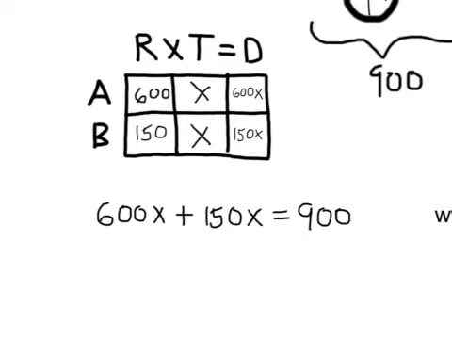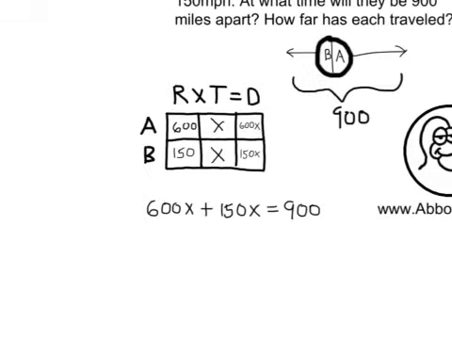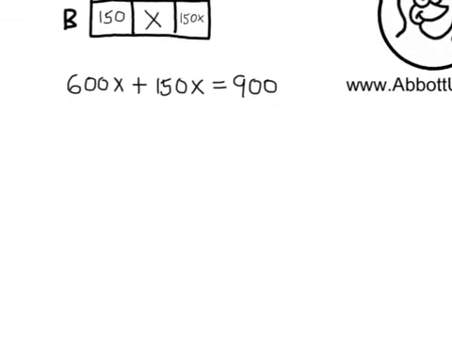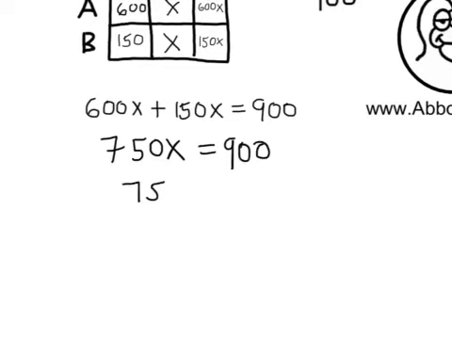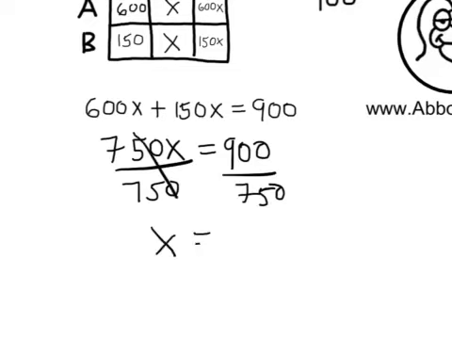Now there is an opportunity to simplify the left-hand side of the equal sign here. 600x plus 150x equals 750x. It still equals 900. And to solve for x, it would be a matter of dividing both sides by 750, which would leave us with x equals 1 1/5.